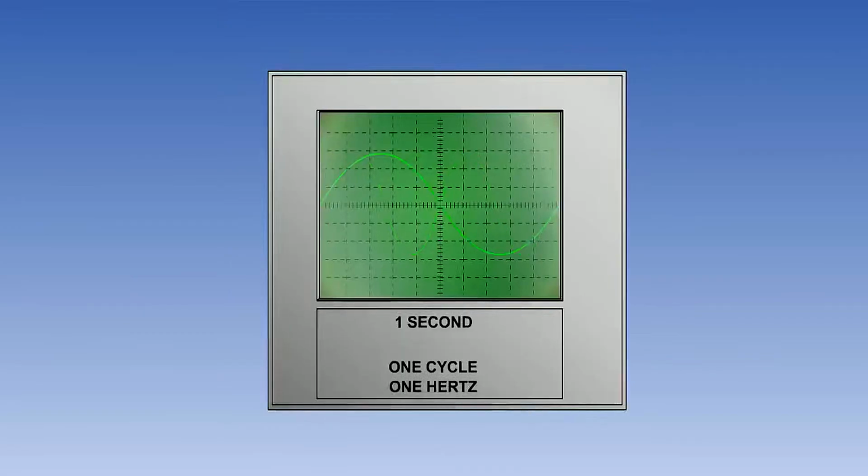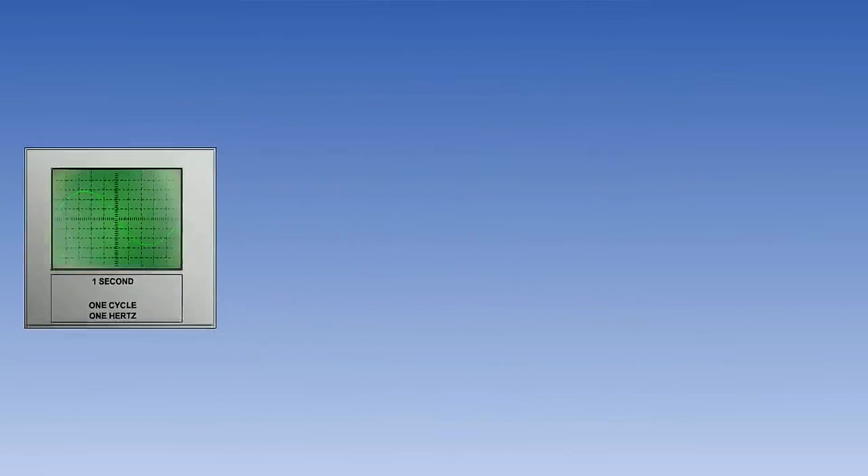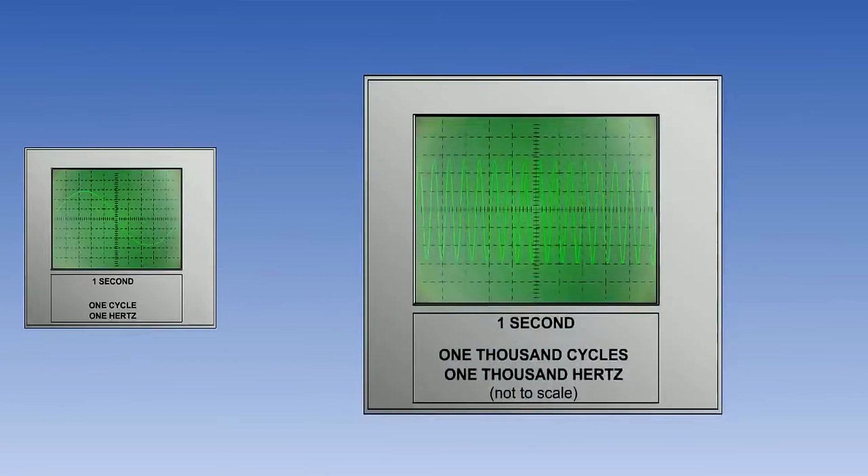So, if one cycle of a radio wave takes 1 second to be completed, the wave will have a period of 1 second and a frequency of 1 Hz. If there are 1,000 cycles per second, the wave will have a period of 1/1000th of a second and a frequency of 1,000 Hz.